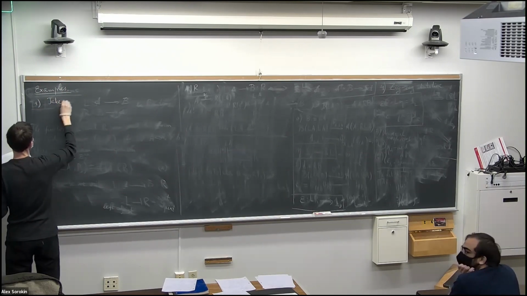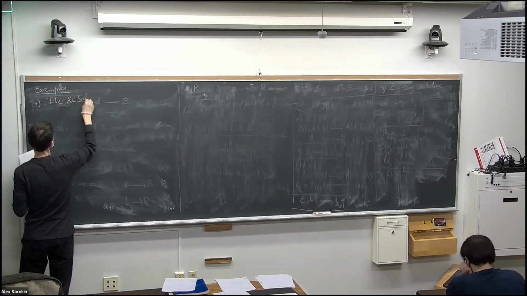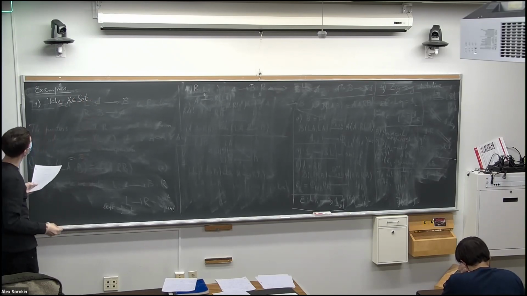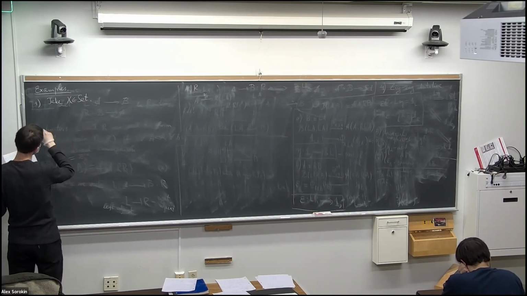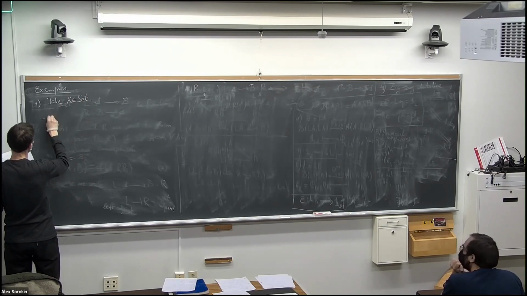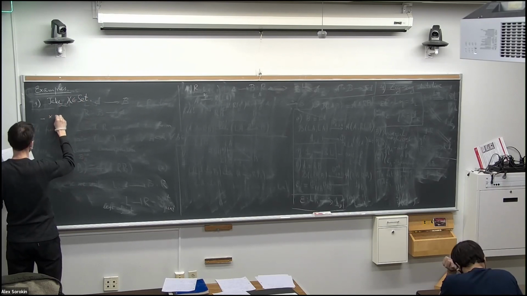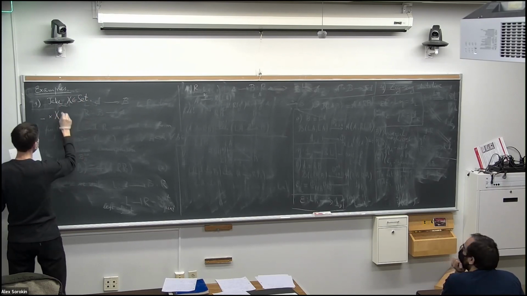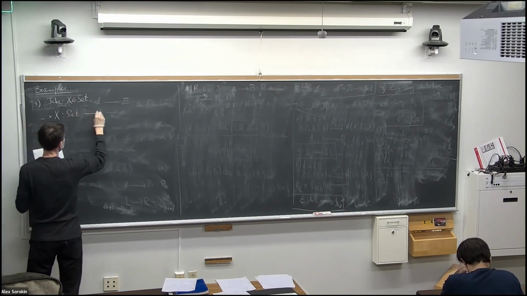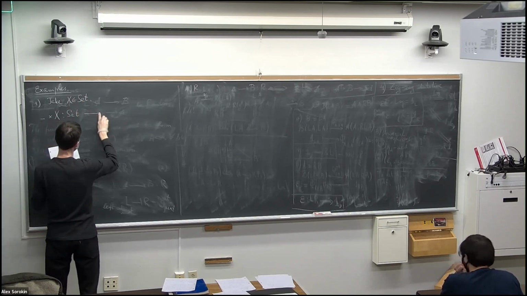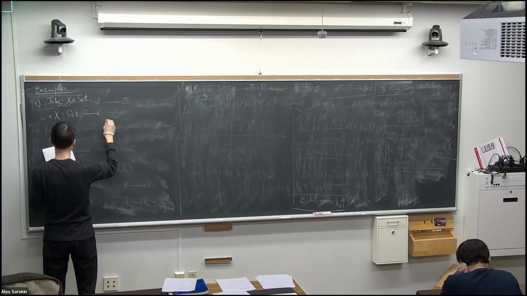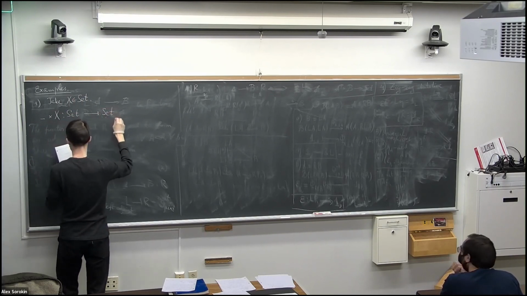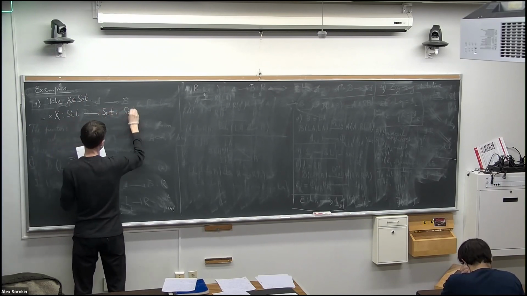So take X belongs to Set. Then we have two functions. Cross X from Set to Set, and I put in immediately the adjunction. Here will be the Set function.